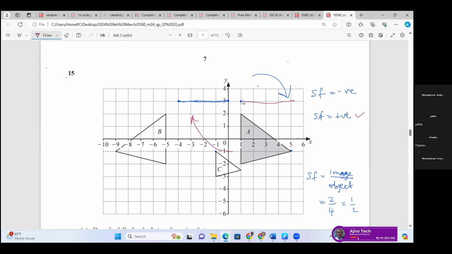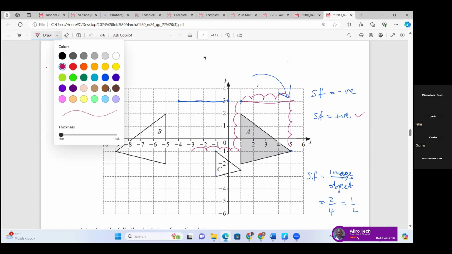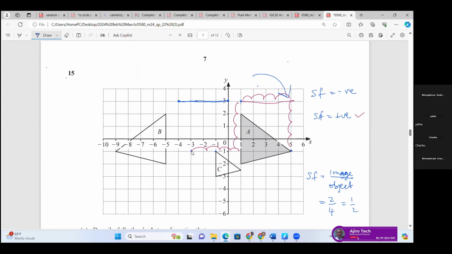That means if I go from here, 1, 2, 3, 4, that will be going 1, 2, 3, 4. And then from this point, if I go down 1, 2, 3, 4, that will be going 1, 2, 3, 4. That point comes here. The second point comes to this place.